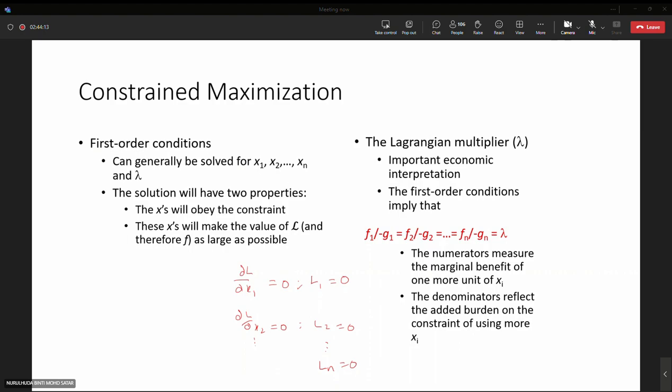Now, we have all of these first order conditions, and since we have lambda, we also have to differentiate L with respect to lambda, and that also equals 0.